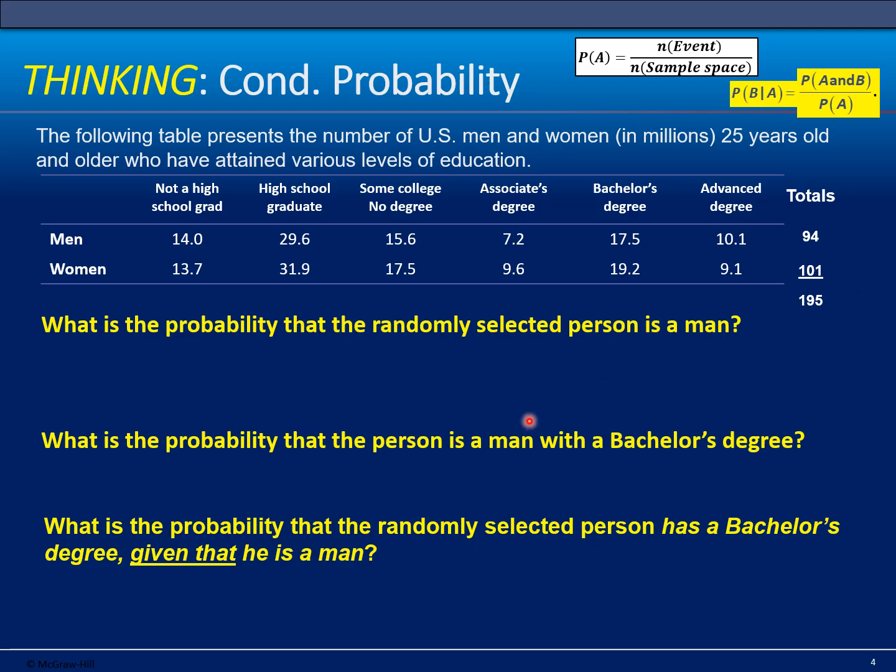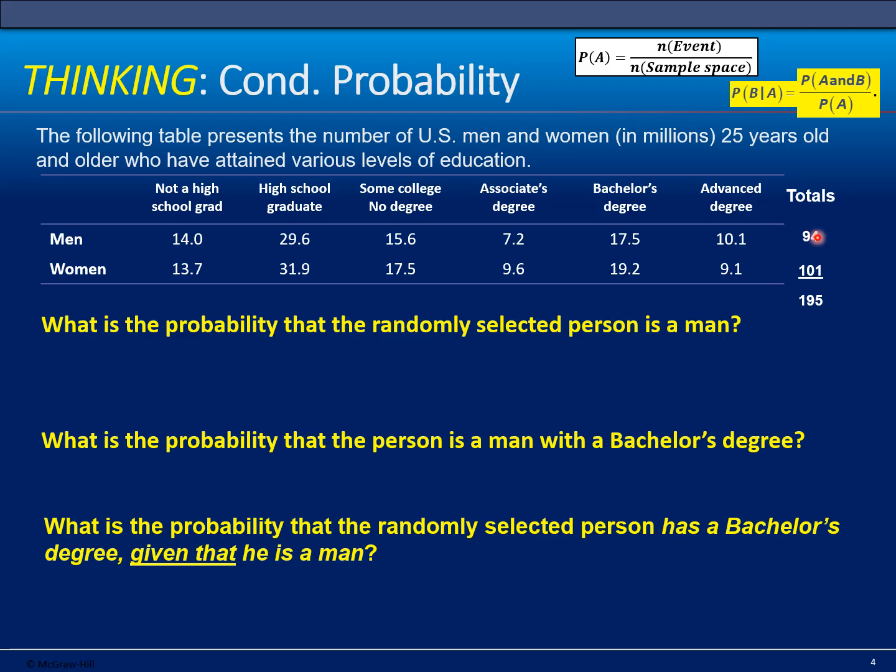If we're looking for the probability that the randomly selected person is a man, then what we're looking to do is figure out how many men there are total, which is 94,000, divided by our total population. We're just looking for the probability that we select a man out of all of these people that are here.